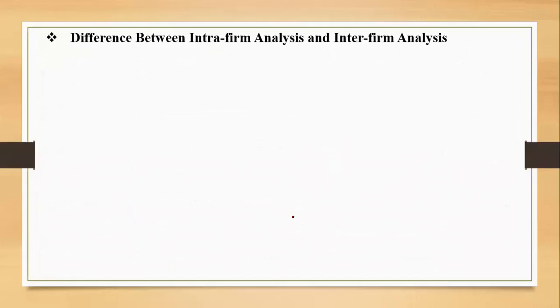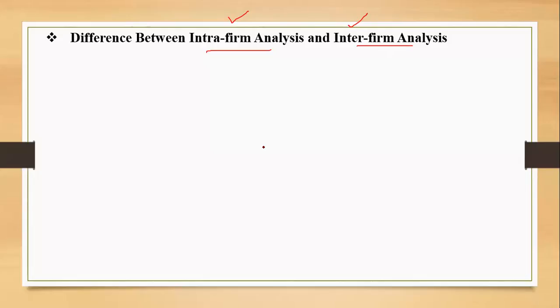Next is the difference between intra-firm and inter-firm analysis. Can you tell me what is intra-firm and inter-firm? Anybody? Interfirm comparison means the analysis with other firms in the same type of business or profession.